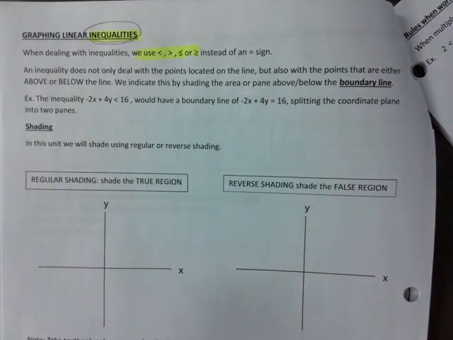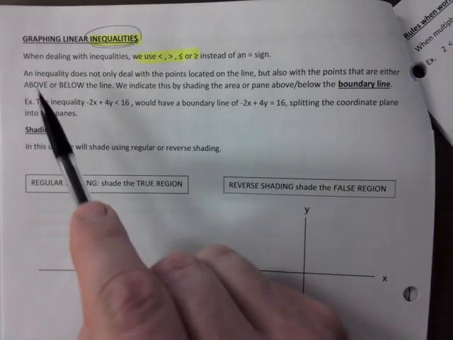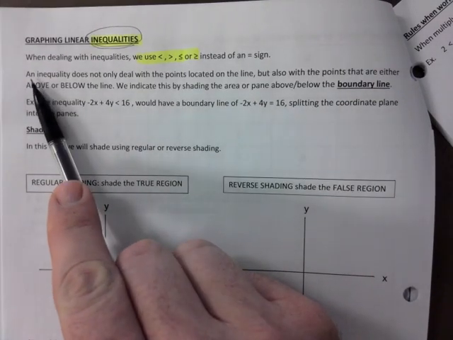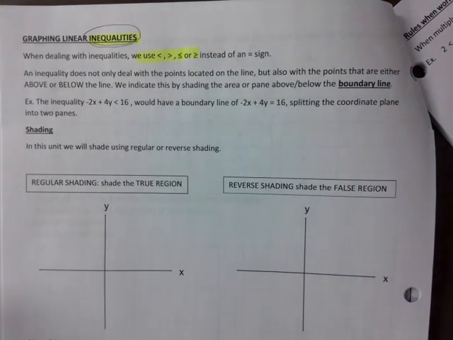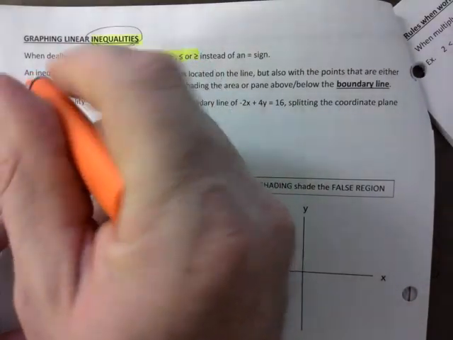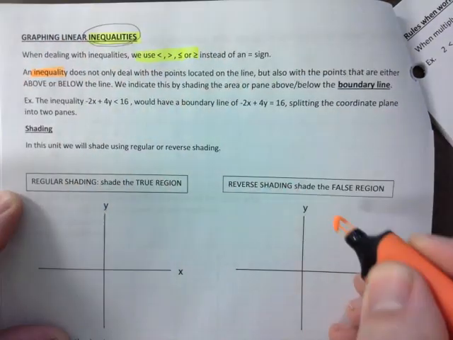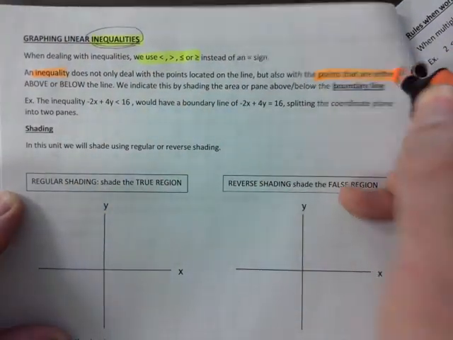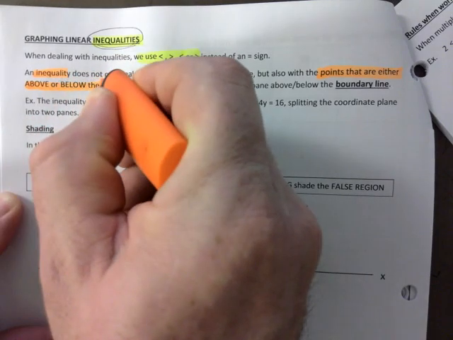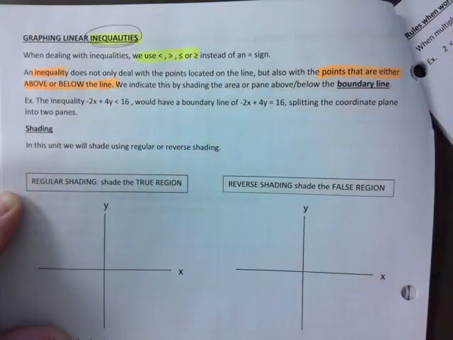And it will require shading. We're going to have to shade areas on our graph, either above or below the line. An inequality does not only deal with the points located on the line, right? So inequality deals with points that are either above or below the line. That's important.